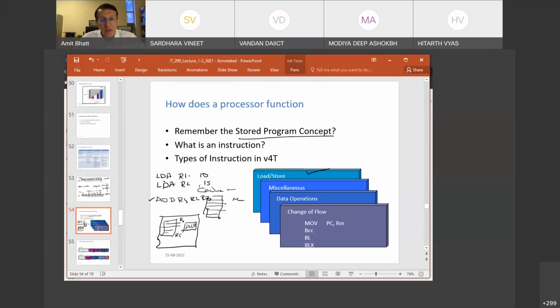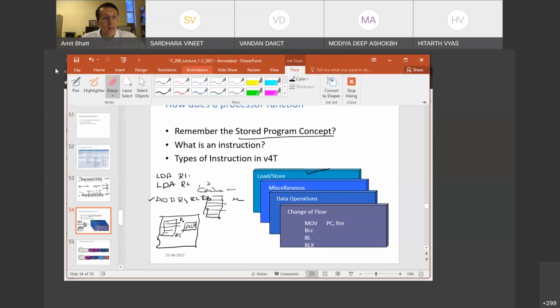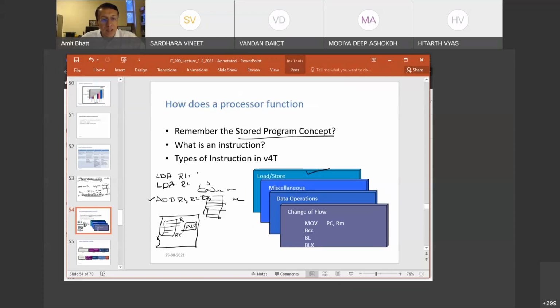So first is load. You load something from a memory location. So here, either you write down a direct value or you write down a memory location. Normally the address is written like this, memory location address 100011 something.